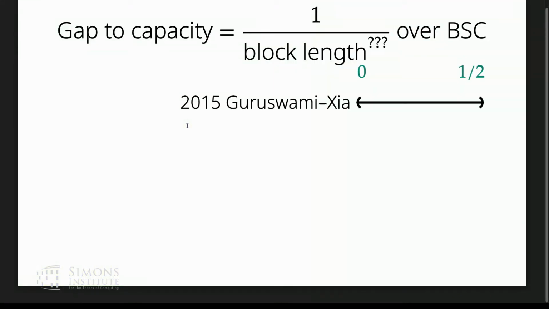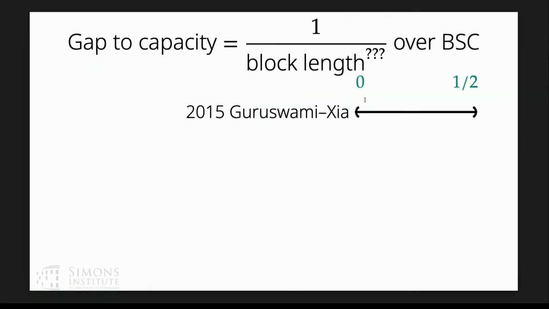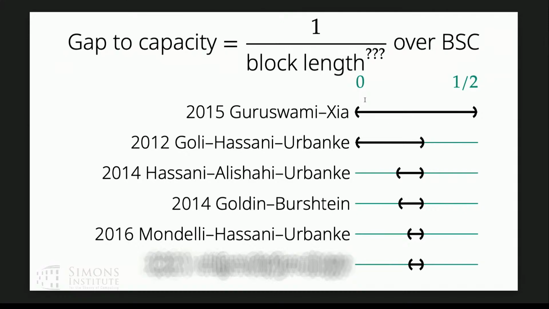So you want to bound the scaling exponent over binary symmetric channels, and the first result is by Goli, Hassani and Urbanke, who prove that there is a positive scaling exponent. There's an implicit number, but it's a positive scaling exponent. It's not obvious here, but if you zoom in, you will see that it didn't go all the way to the end. There's a positive improvement, and then people came after and saw what they could do.